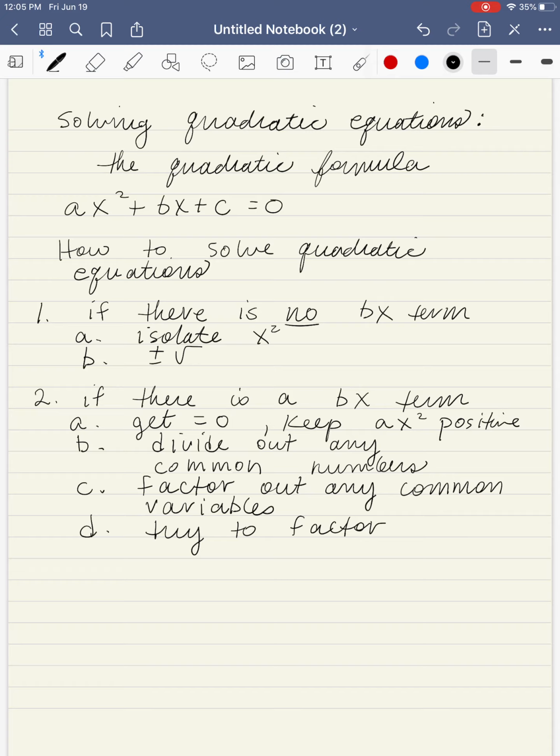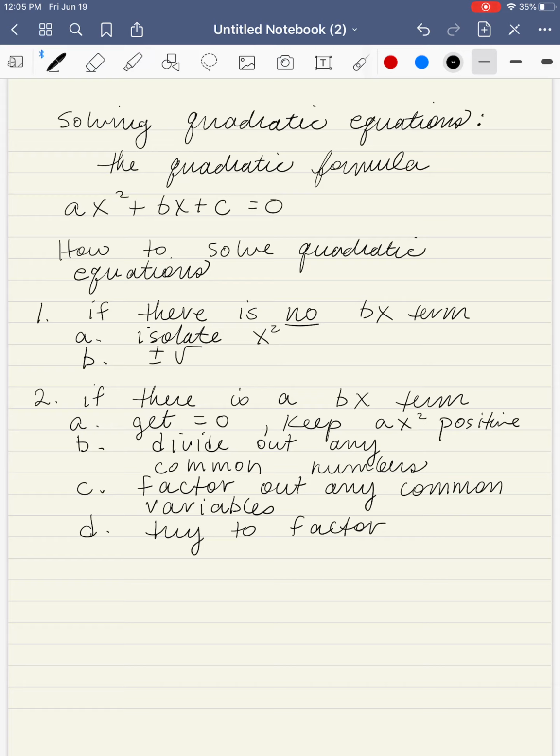If there is a bx term, we followed a step-by-step process here: getting equal to 0, keeping the ax squared term positive just to make it easier. Divide out and completely cancel any common numbers as long as we don't create fractions, and then factor out any common variables. We had to keep that x or that t or whatever the variable was. That was one of our factors and gave us a solution.